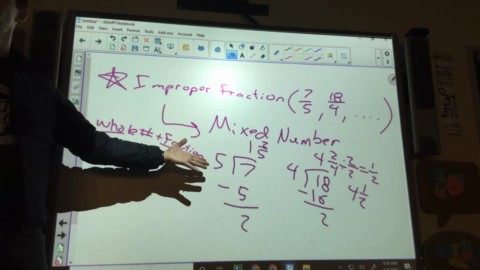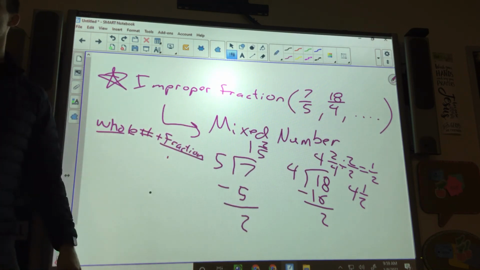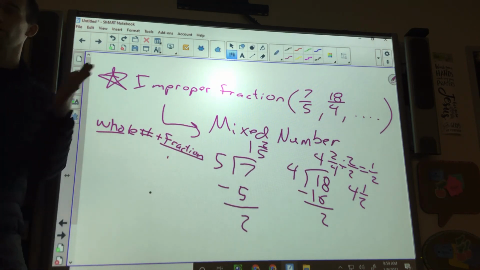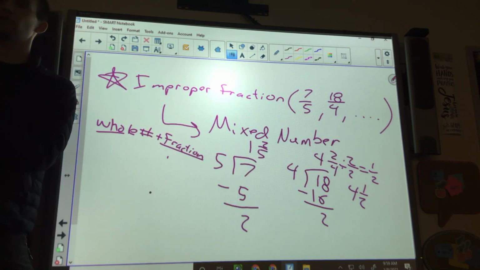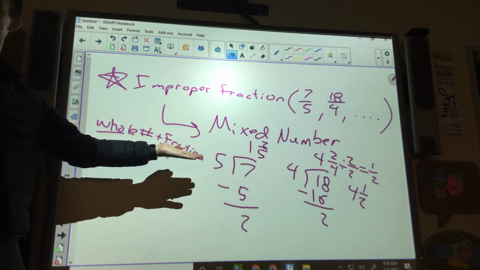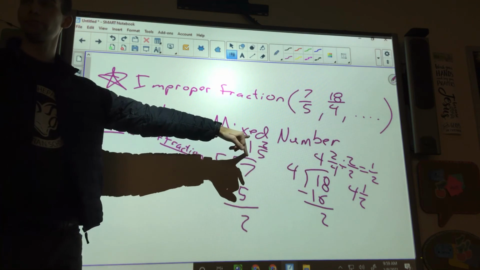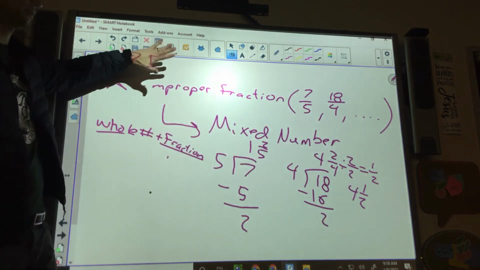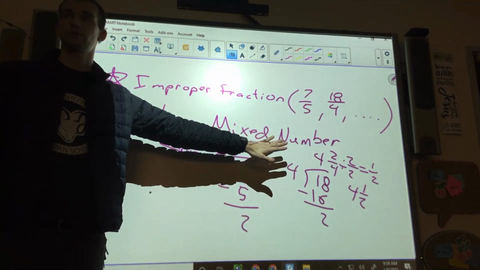You need to get this into a whole number and a fraction first, because the ultimate thing is we have to make it into a decimal. If we don't have it as a whole number and a fraction, or a mixed number, that's what it's called. We're trying to get from an improper fraction to a mixed number.